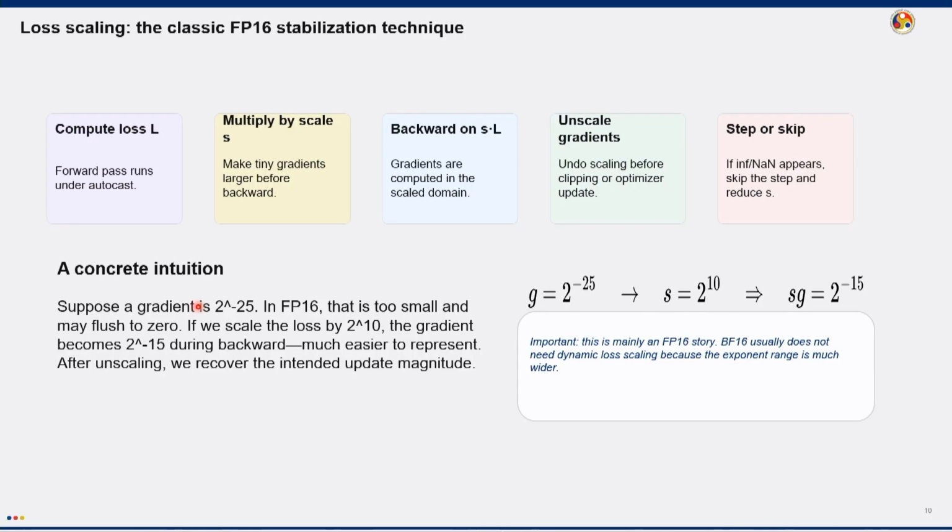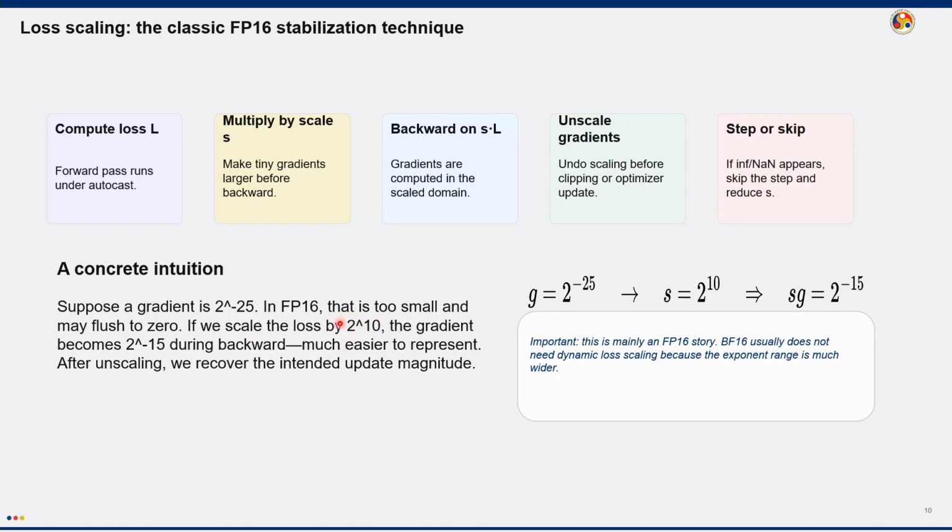Here is one such concrete example. Here we have a gradient which is 2 power minus 25. In FP16 that is too small and it may flush to 0, and we scale the loss by 2 power 10.